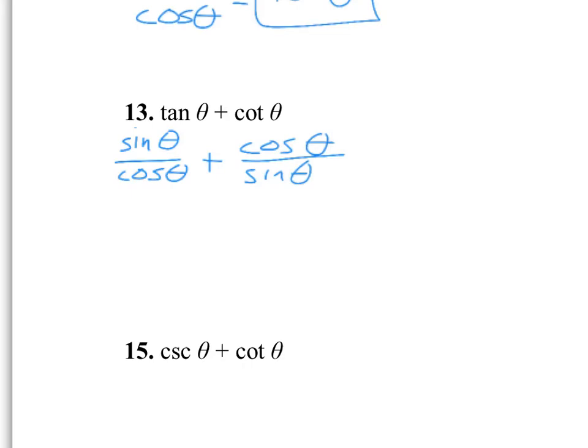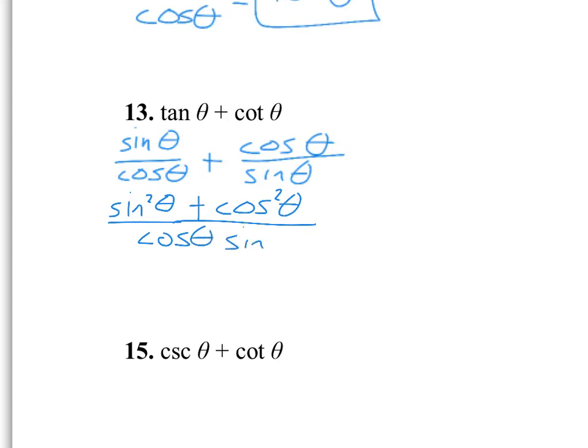Here our common denominator would be cosine theta times sine theta. So the first fraction needs to be multiplied on the top and on the bottom by sine theta. The second fraction needs to be multiplied by cosine theta. And then the whole thing would be over cosine theta, sine theta.